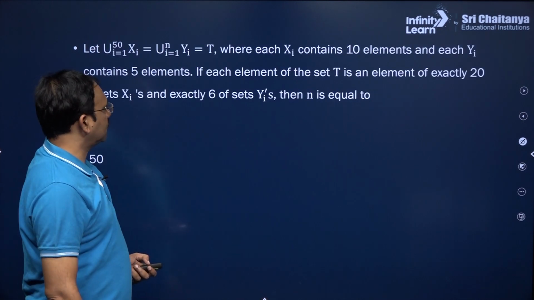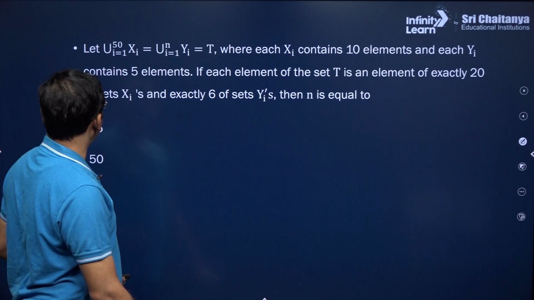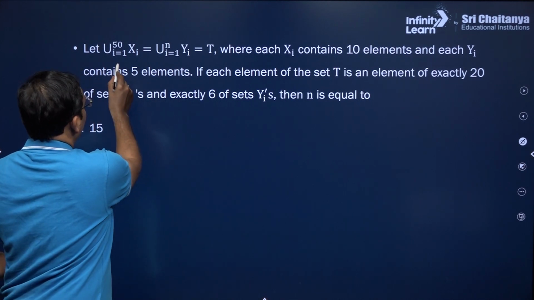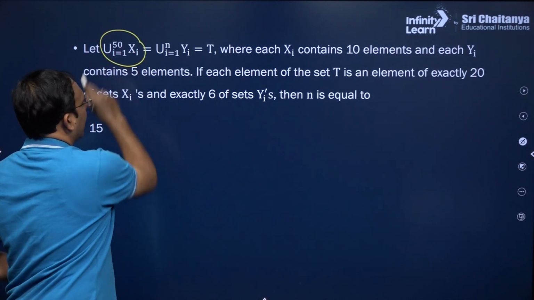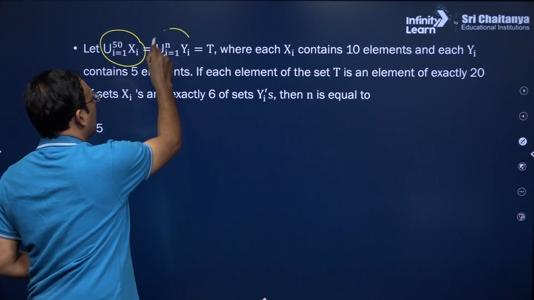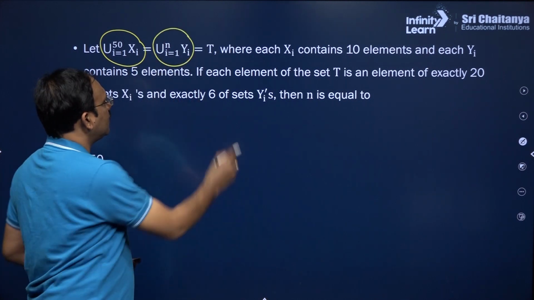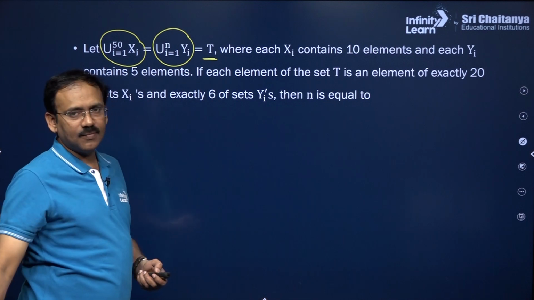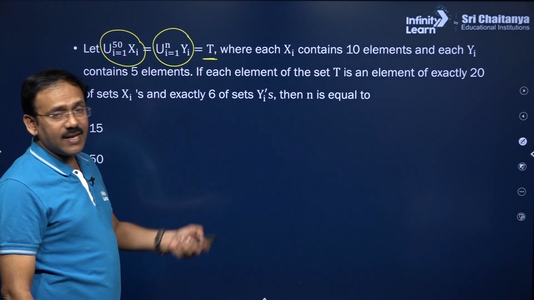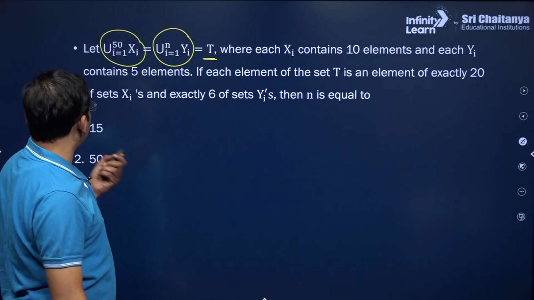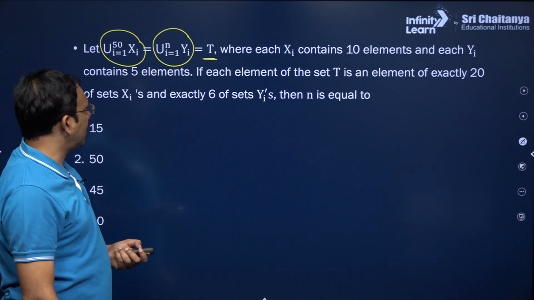Next, second question. You see, dear students, the union of Xi, i equal to 1 to 50, is the same as the union of Yi, i equal to 1 to n, and is the set T. Now each Xi contains 10 elements and each Yi contains 5 elements, right?